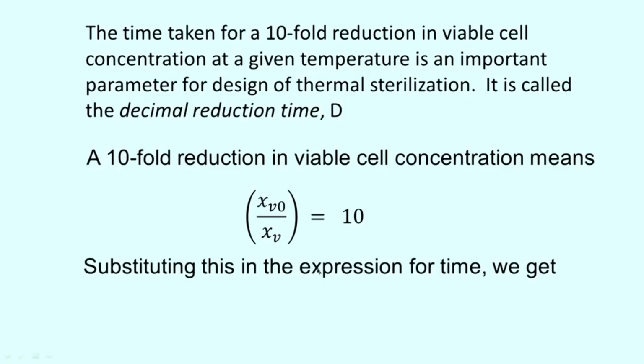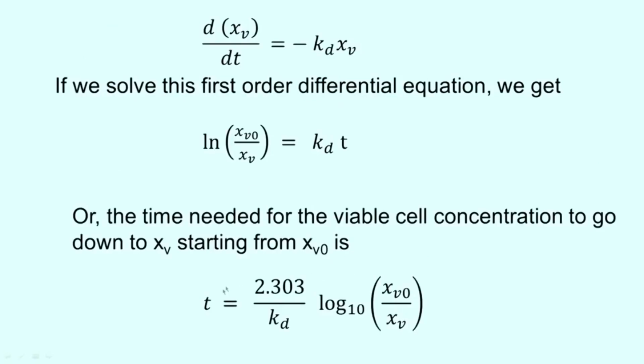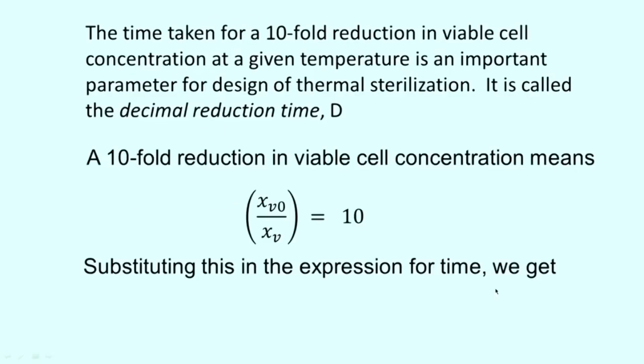And if we substitute this in the expression for time that we had derived earlier, the time taken for the concentration to go from x v naught to x v, then we would get an expression for the decimal reduction time in terms of the variables that we would like: 2.303 divided by k d, log 10 to the base 10. You all know log a to the base a is 1, and therefore, this reduces to 2.303 by k d.